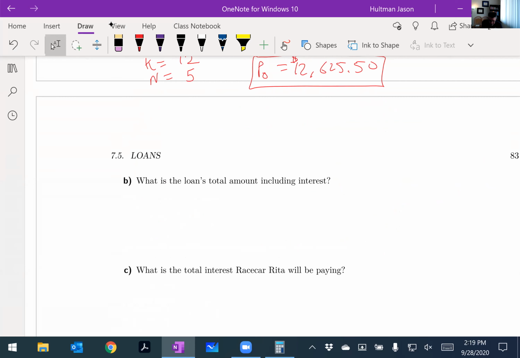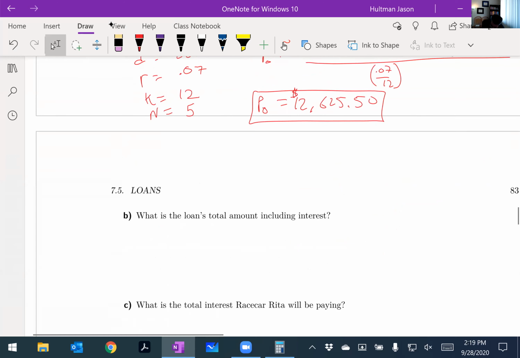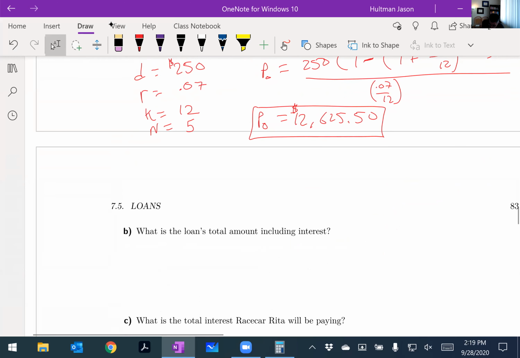Okay, cool. What is the total loan amount including interest? Now this is interesting. This one's actually a pretty easy calculation, because how many payments does she have to make and how much are the payments?